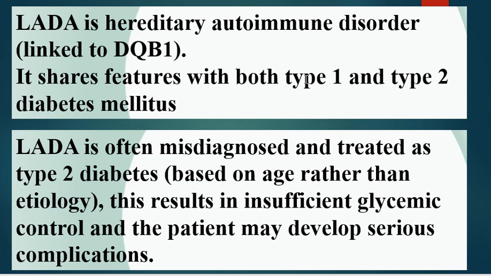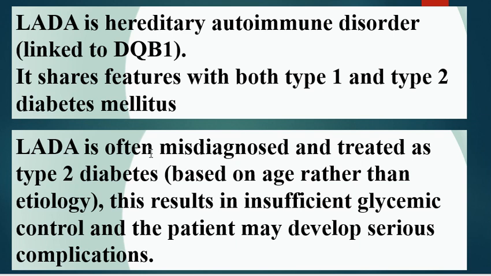It shares some features of type 2 as the onset of LADA occurs after the age maybe of 40, but however, according to the criteria, it is not less than 30 years old. The patient should not be less than 30 years old.